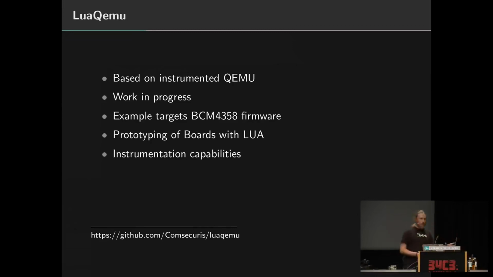These chips are Wi-Fi chips used, for instance, in a lot of smartphones. Lua QEMU enables the prototyping of custom hardware platforms, or boards in QEMU jargon, with Lua, and also adds instrumentation capabilities based on Lua for different events inside QEMU.